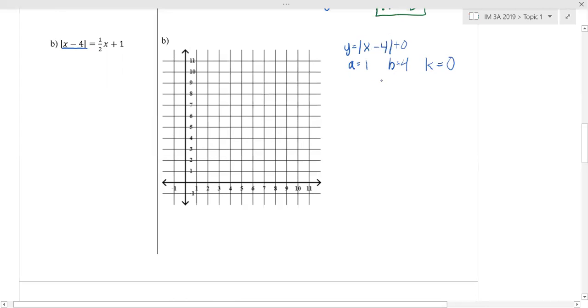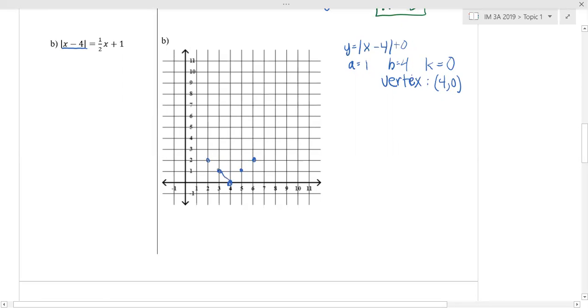And so what these numbers tell us is that this absolute value function has a vertex at 4, 0, and a pattern of up 1 over 1. So a gives us that pattern. So we're going to plot a point at 4, 0, and then go up 1 over 1 in both directions.